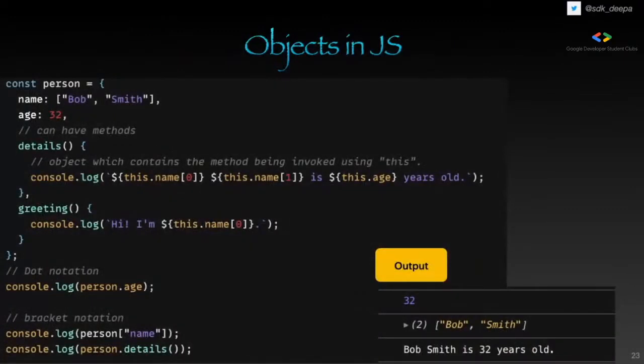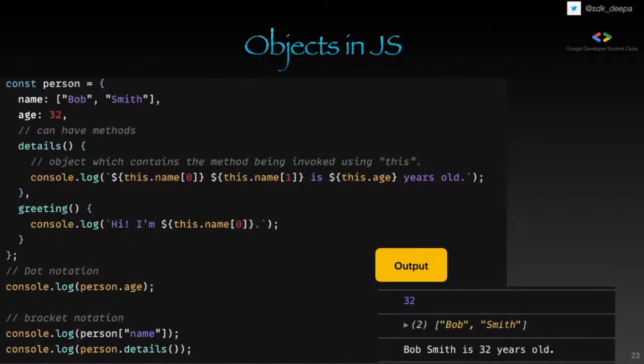So here's an example that I have. I have an object with the name person, and then I have a property name. Note that here I'm using an array, and there's also another property, age. It can have methods, and if you see, I'm using object literal.